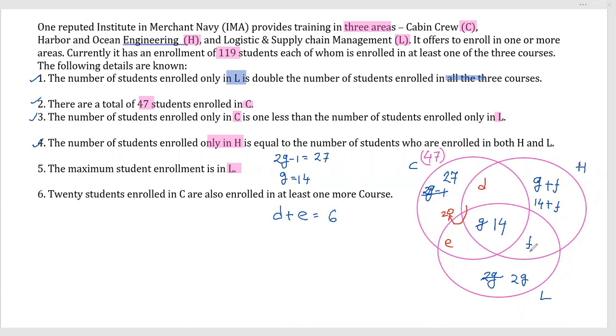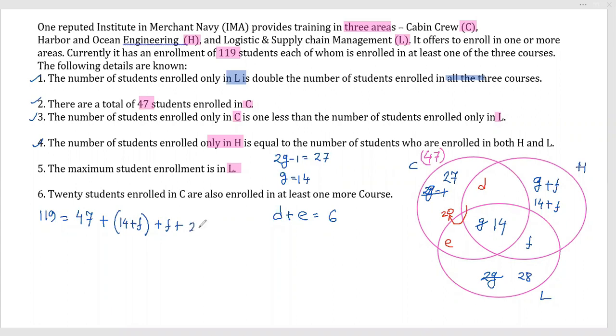One variable F, that also I can find out because the total of these three is 119. So can I write 119 equal to total C 47, then extra add up, 14 plus F plus F plus 2G, which is 28.